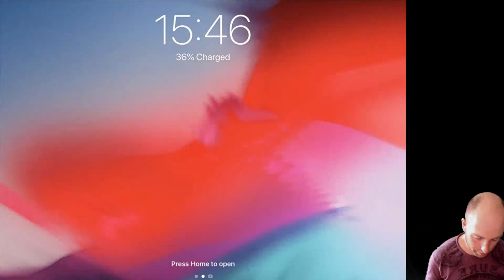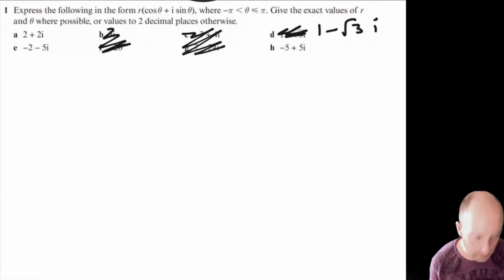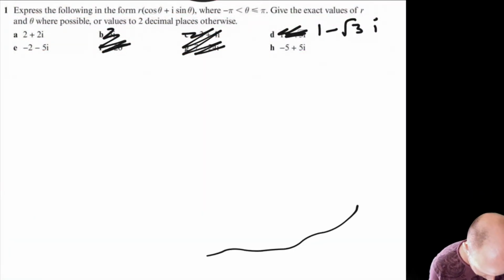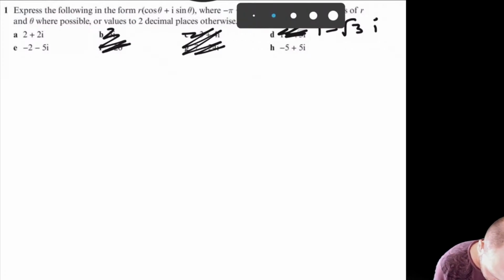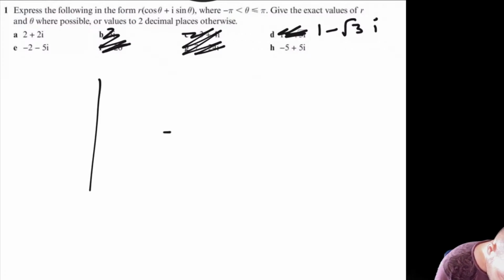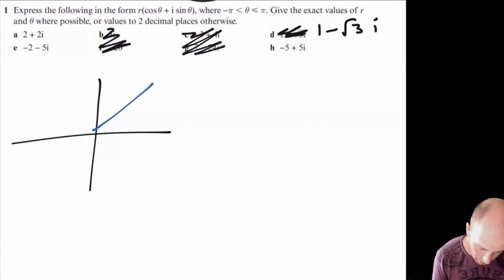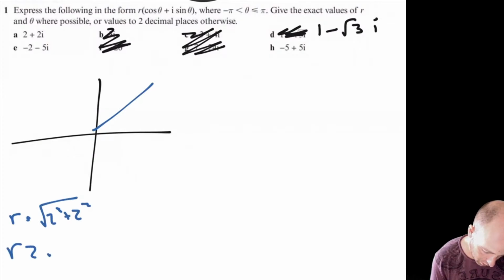Cool. All right. Yeah, thanks for the photos of work there, guys. That was good. All right, let's get through these ones, and then we'll make it slightly more difficult. So first one, it's going to be 2 plus 2i, so it should be a nice, positive, easy angle there. So r is going to be the square root of 2 squared plus 2 squared, which is going to be 2 root 2.